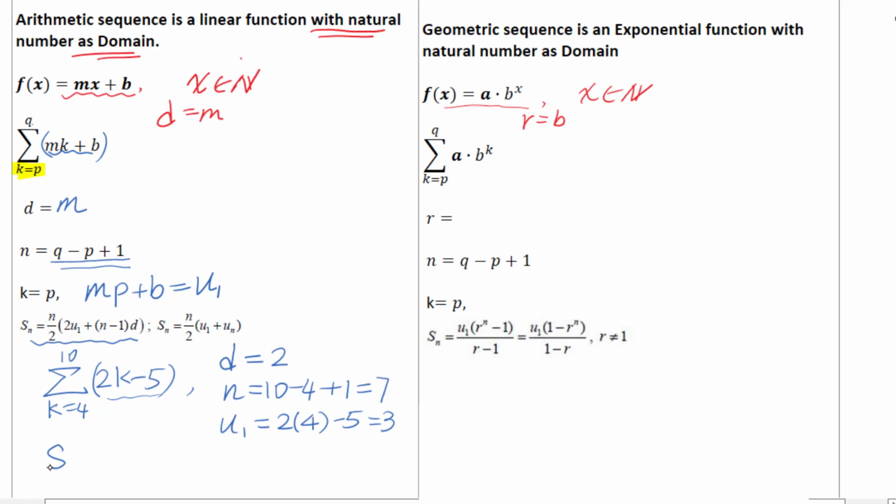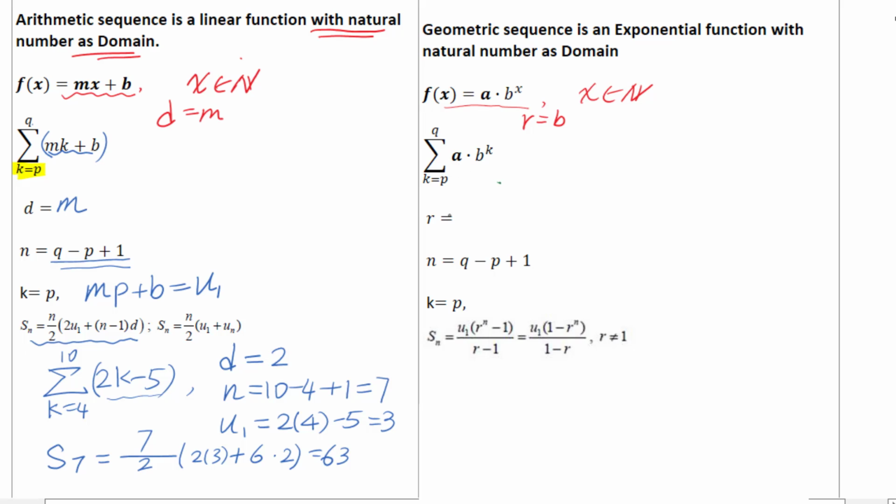Then s sub 7, altogether 7 terms, equals 7 over 2, 2 times 3, then plus n minus 1 is 6 times d is 2. 12 plus 6 is 18, so you will get 63.